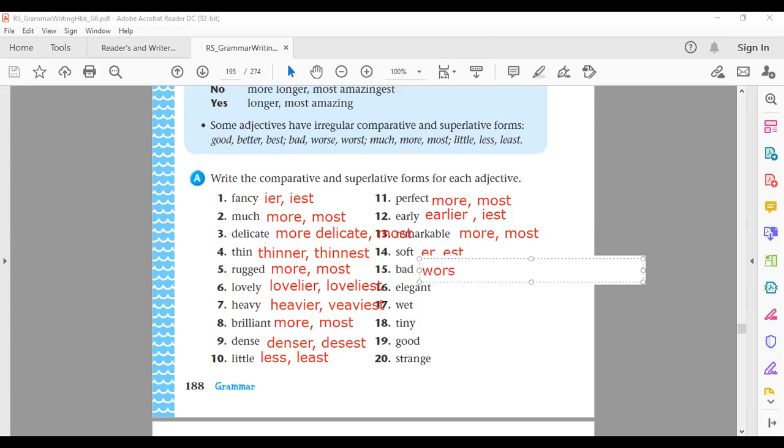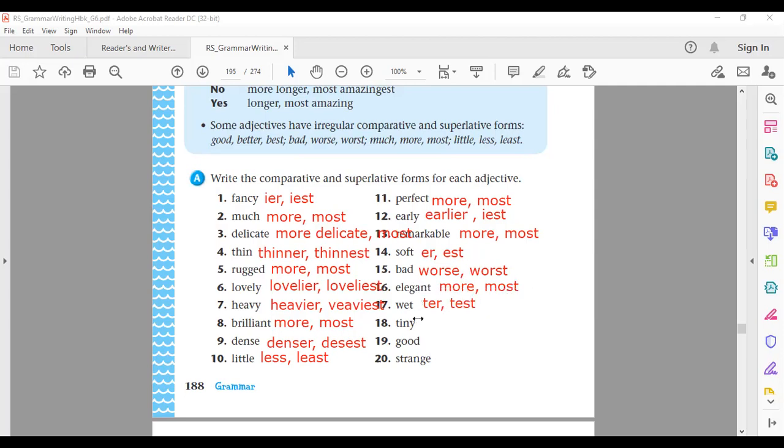Bad, worse and worst. Again, she's saying more bad. Oh my God, Malak. Bad is worse and worst. It's irregular. Okay, elegant. More elegant and most elegant. Wet, wetter and wettest, but double T. Excellent.